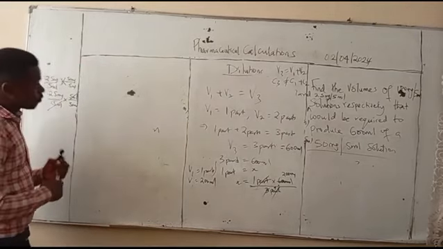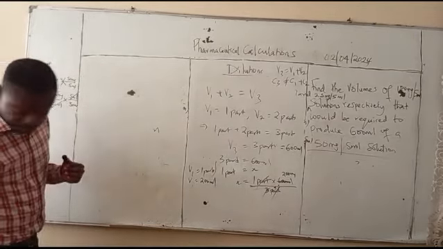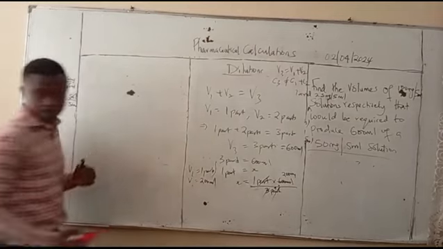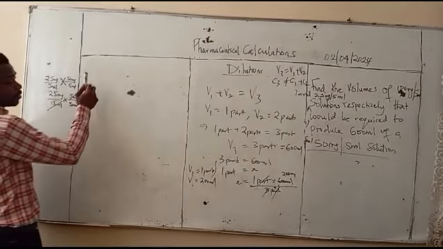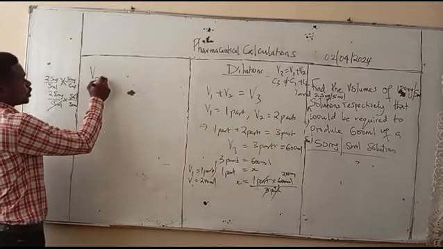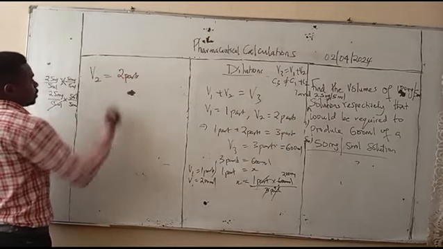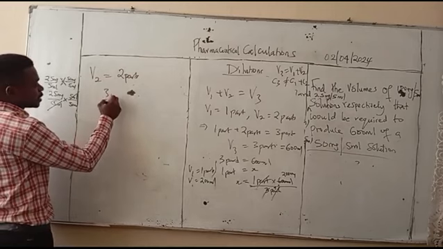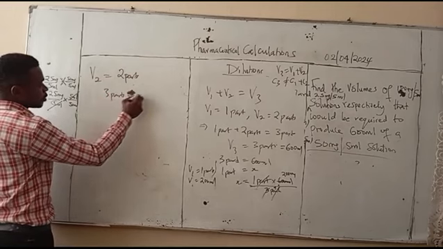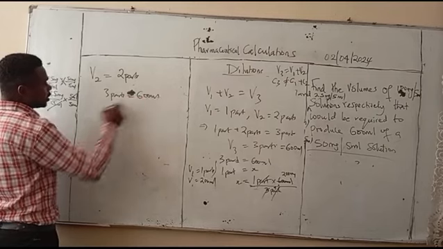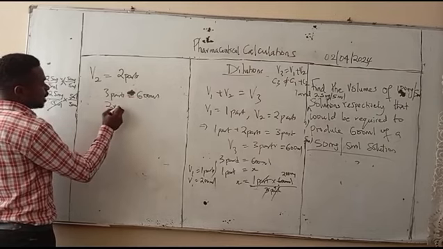So V2 is how many parts? 2 parts. Remember that 3 parts is equal to how many ml? 600 ml. Therefore, 2 parts is how many ml?